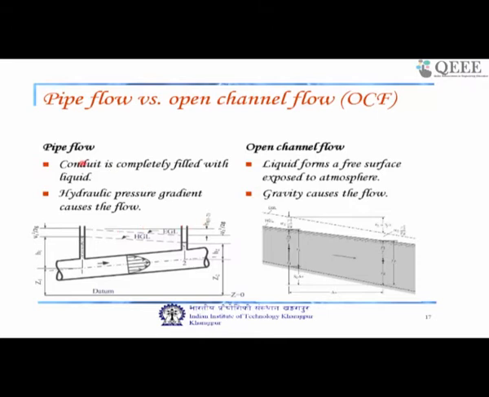So, in pipe flow, the conduit is completely filled with liquid, and in open channel flow, the liquid forms a free surface exposed to the atmosphere. In pipe flow, the hydraulic pressure gradient causes the flow. Here in open channel flow, gravity causes the flow.